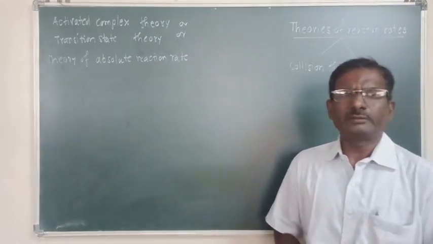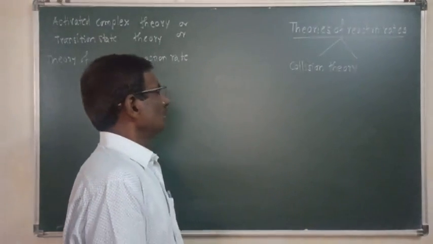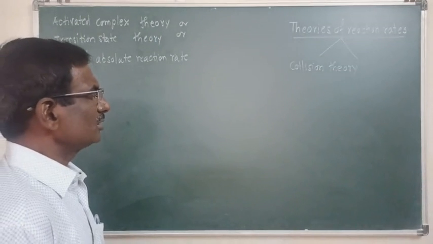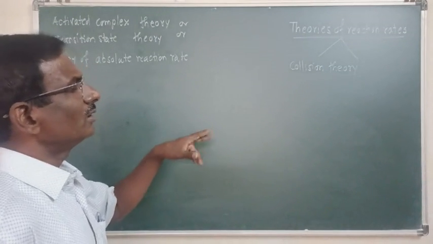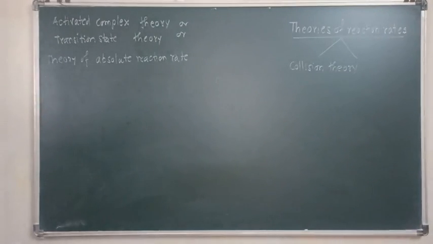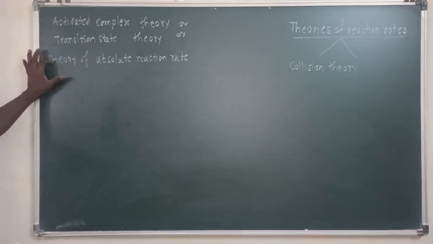In the last period, we discussed one of the two theories of reaction rates, collision theory. Now, this time we will discuss the second theory of reaction rate, that is activated complex theory or transition state theory or theory of absolute reaction rate.